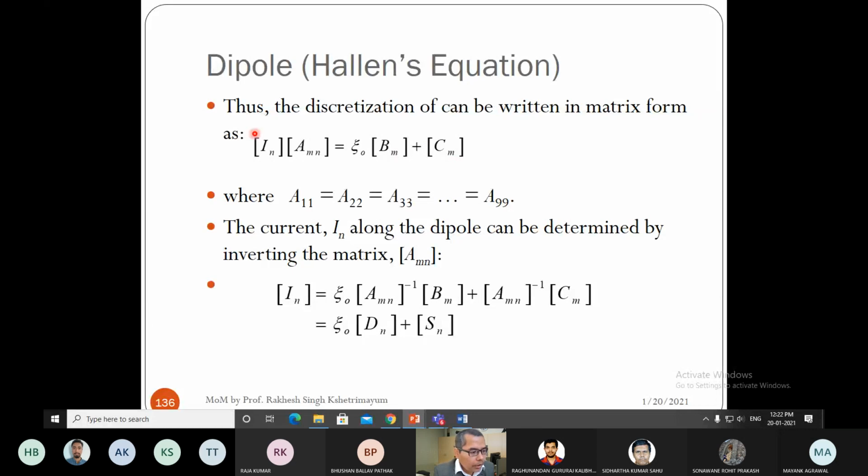Now if I want to find this In, I know all other terms. I can find In as Xi naught A_mn inverse Bm plus A_mn inverse Cm. I will denote this term here as Dn and this term here as Sn, just a short notation. So then I can find In as Xi naught Dn plus Sn.